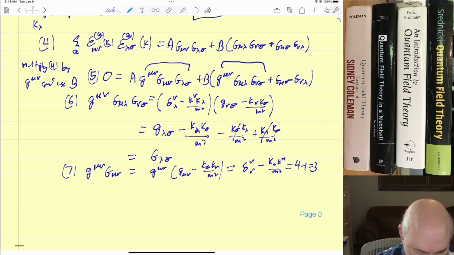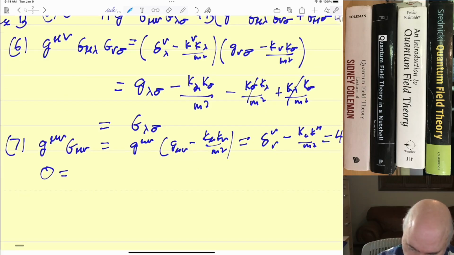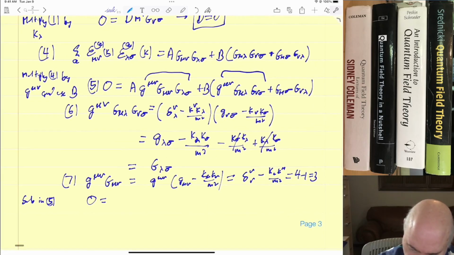So using 5 again, so substituting, I get 0 is equal to... we evaluated this part over here. The first part of the A is 3. 0 is equal to 3A G lambda sigma plus 2B. I stated that these two terms are the same. You can work them out and see, or just look at the symmetry argument.